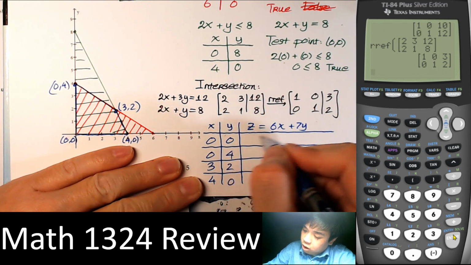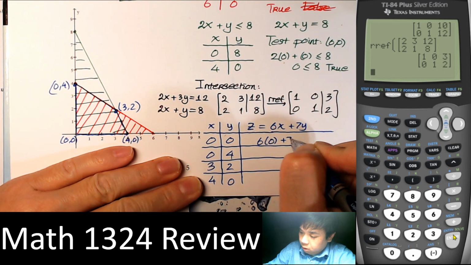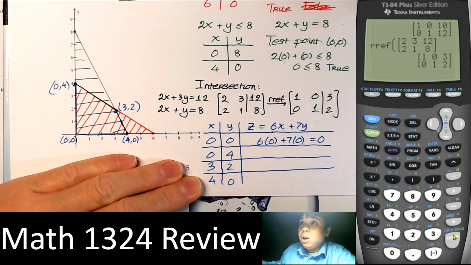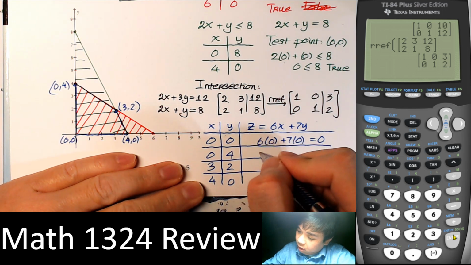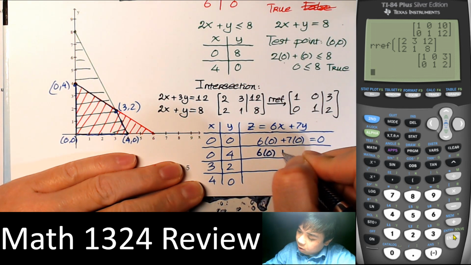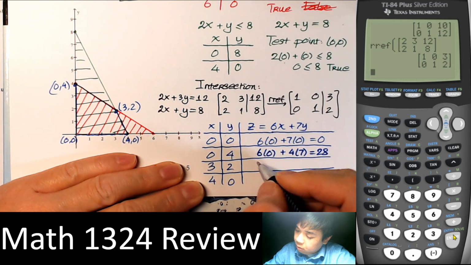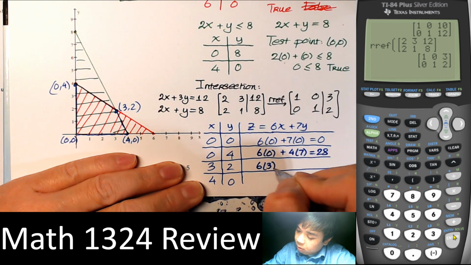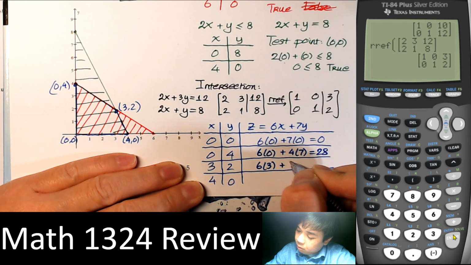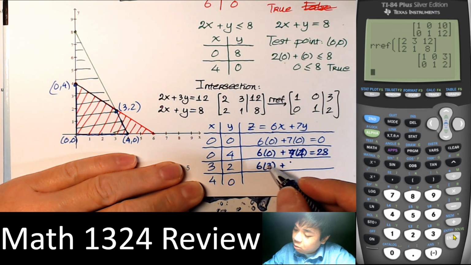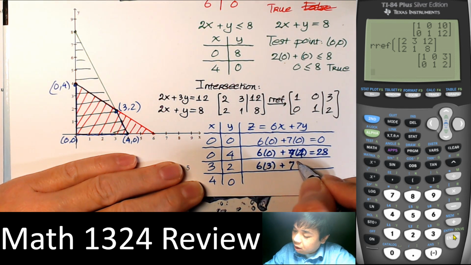Of course, put 0 and 0, that gives you 0. Sorry, suddenly I switched the pen. 6 times 4, sorry, 7 times 4. Either way, 24. 6 times 3, and then 7 times 2.